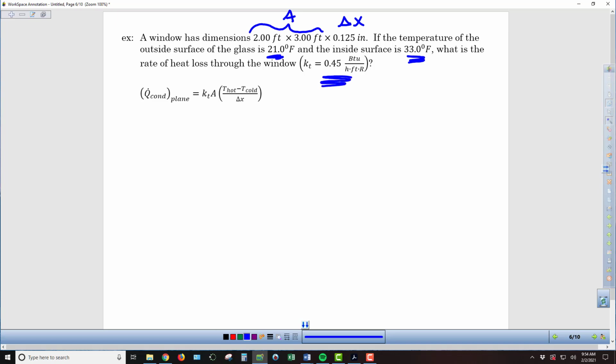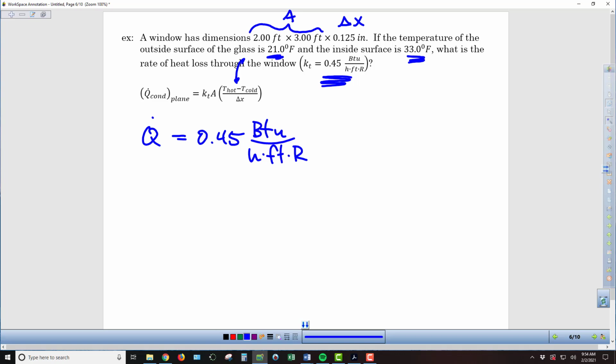So we have the equation in front of us, so we're looking for that heat transfer rate. Again, in the case of conduction, it always flows from the hot side to the cold side, so it's always going to end up being a positive value since our temperature difference is always going to turn out to be positive. So we can plug in this 0.45 BTUs per hour per foot, and then this R variable here is the absolute measurement of temperature in the English units.